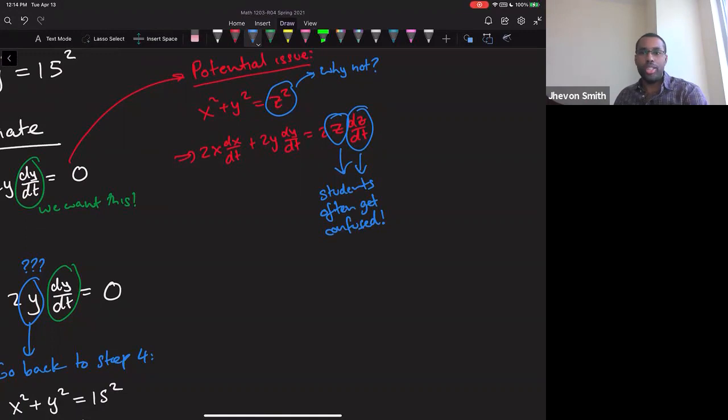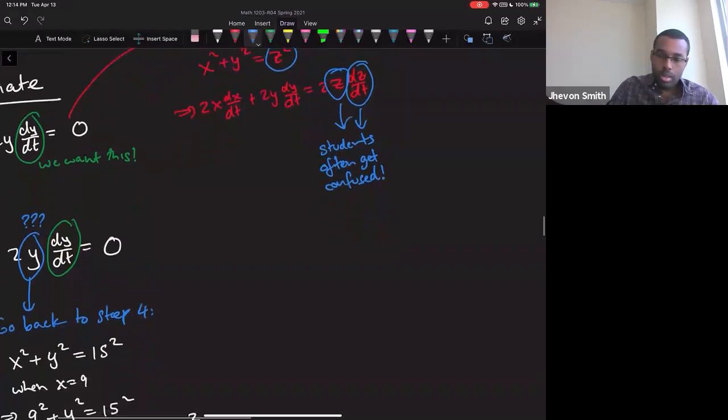But the solution here is, of course, that your dz/dt is 0. Why is it 0? Because z is not changing, so the rate of change is 0. This is often not recognized at this stage.